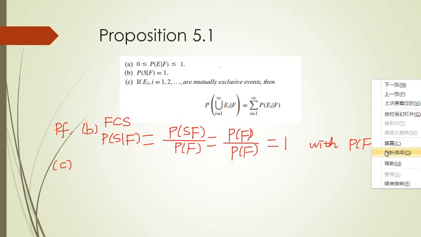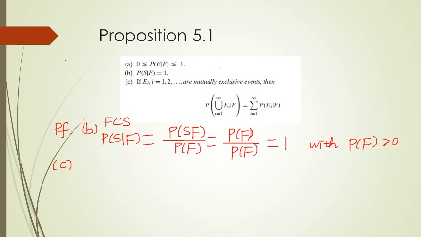How can we apply axiom number 3? Let's recall axiom number 3: the probability of the union of all those E_i, an infinite sequence that is mutually exclusive, will be the sum of each event probability. We know this result from axiom number 3.